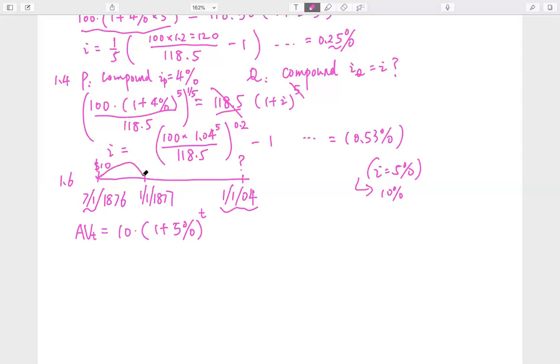From the starting time to the nearest January 1st, and then from this January 1st to this January 1st. Obviously for the first period, it's half a year, because that's basically the second half of the year. So we know it's 0.5.